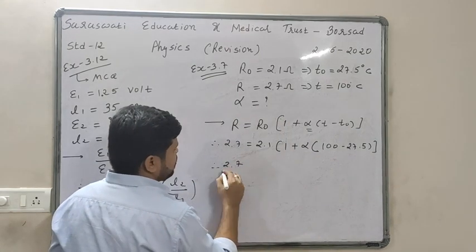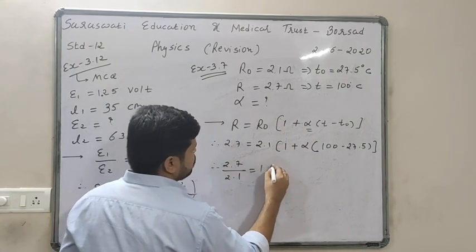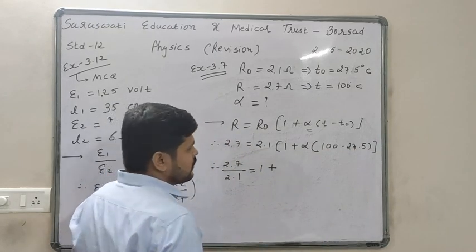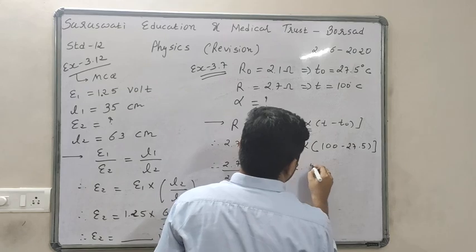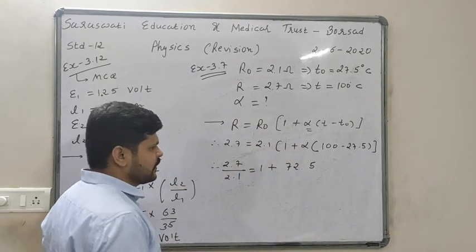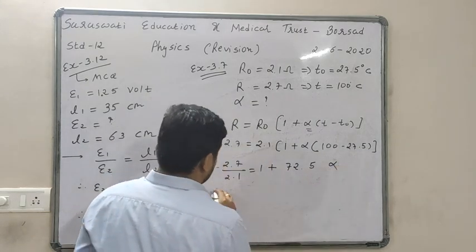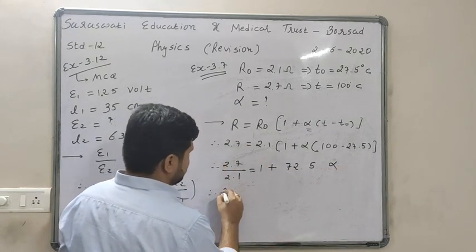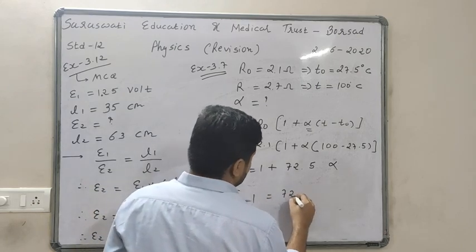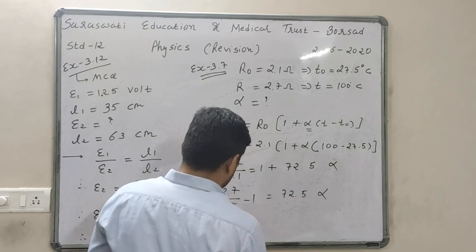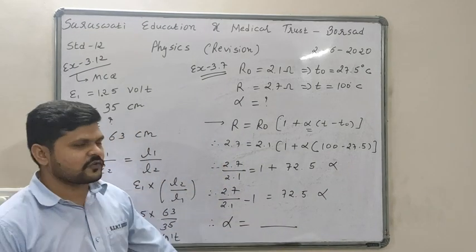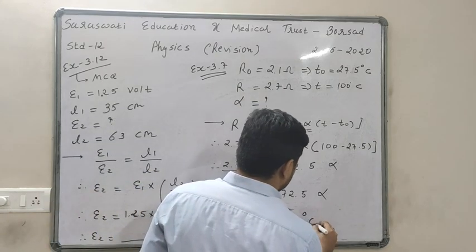So actually 2.7 upon 2.1 is equal to 1 plus 72.5 alpha. So make the calculation: 2.7 upon 2.1 minus 1 is equal to 72.5 alpha. So you can calculate the value of alpha from here. Its unit will be per degree Celsius.